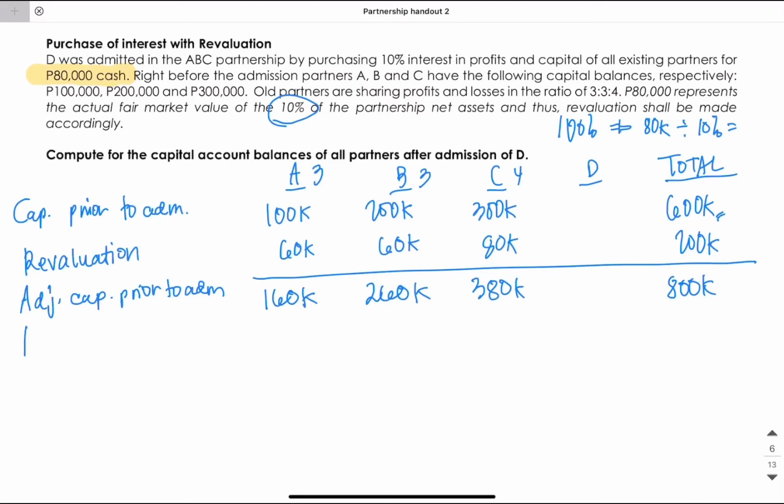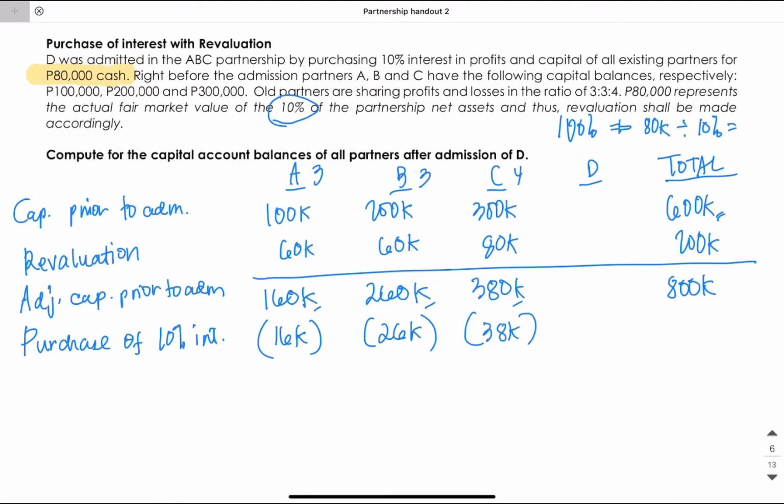Now, we account for the purchase of 10% interest. So to get the 10% interest from all partners, we simply multiply the respective capital balances by 10%. So that will give us 16,000, 26,000, and then 38,000. Okay.